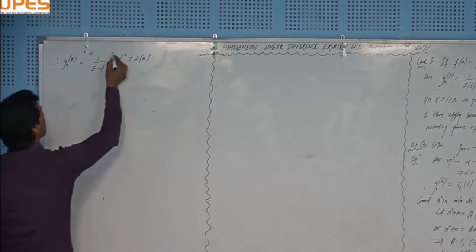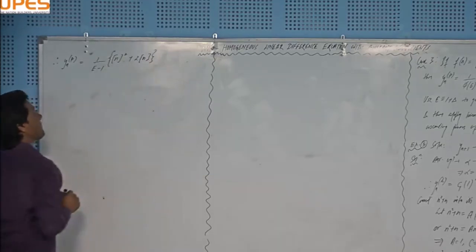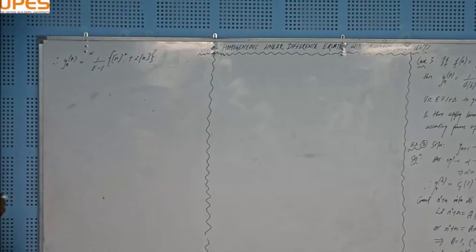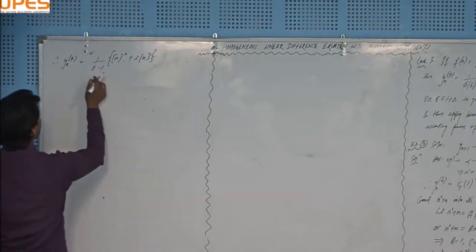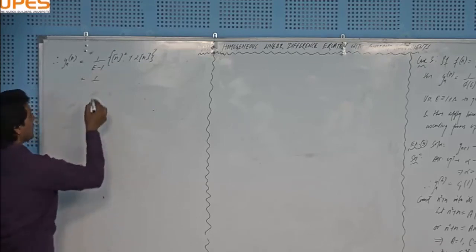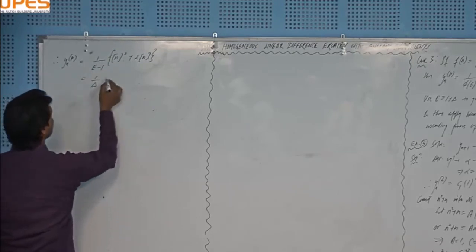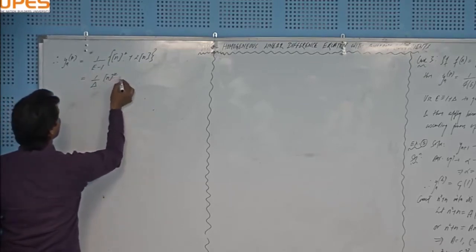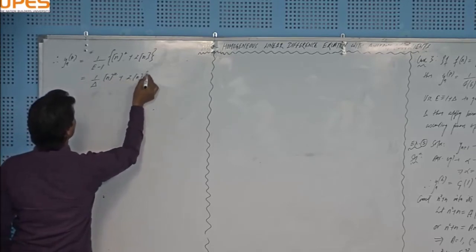I will write that in brackets. The method says that you should replace capital E by 1 plus delta, and ultimately we will get delta in the denominator.